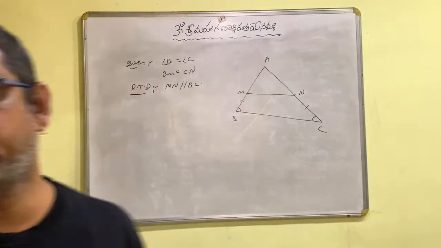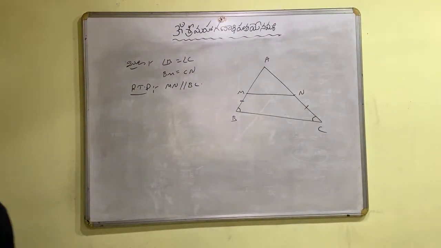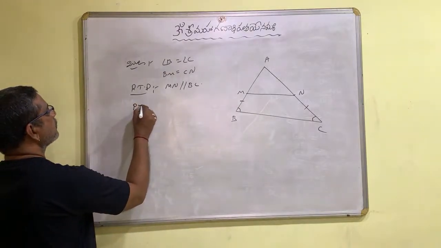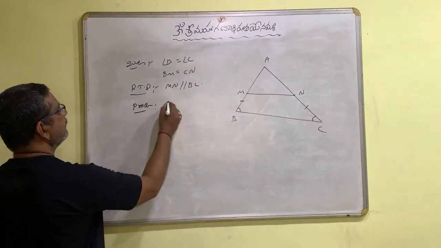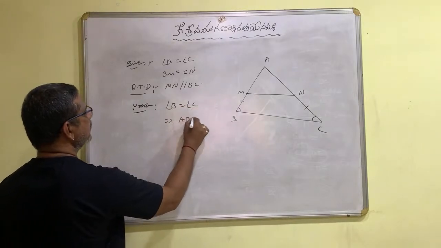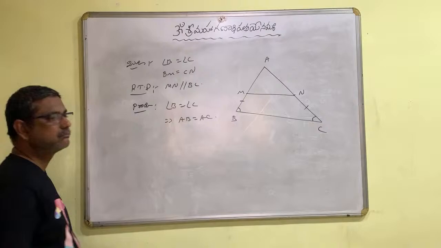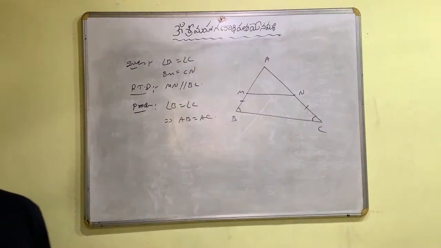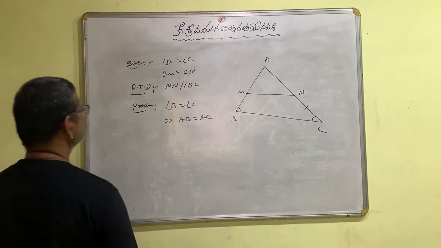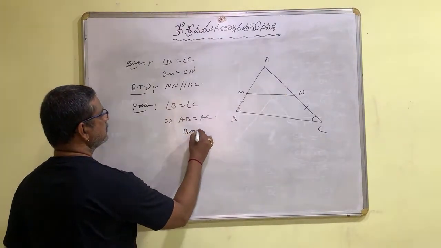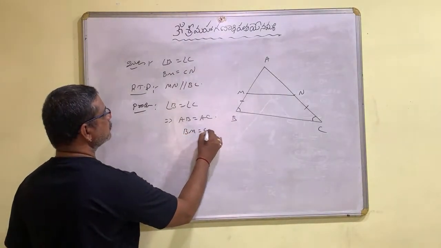Okay, good. I am getting some responses. Proof. Angle B is equal to angle C implies AB is equal to AC. Now, we know BM is equal to CN, that is given.